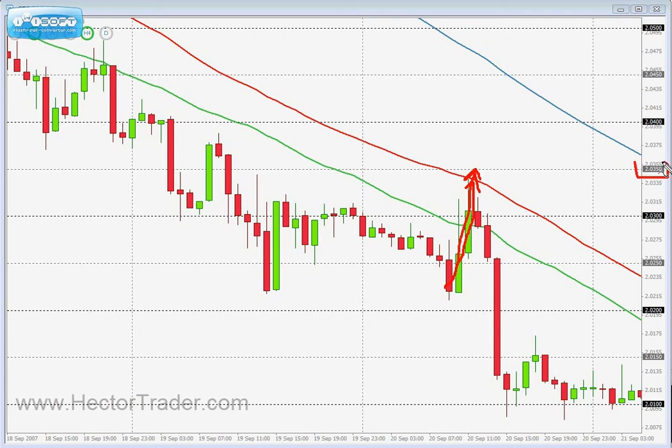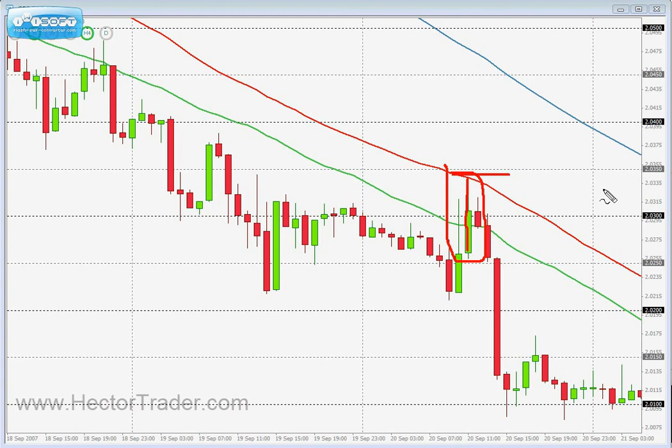We have a number of different elements of resistance around there, former support now working as resistance, the dynamic area, etc. And we have this long wick, actually a long green bar altogether. It stops still at the 203.50, but it doesn't punch through.